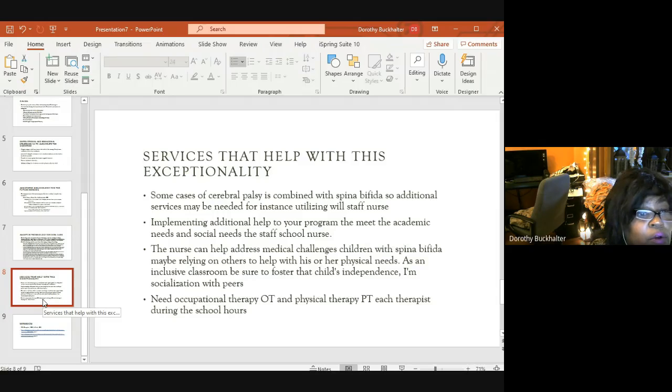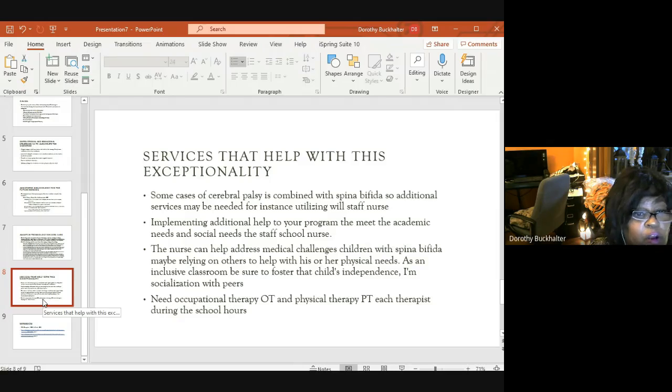The school nurse can help address medical challenges. Children with spina bifida may be relying on others to help them with their physical needs, but you want to have an inclusive classroom to be sure you foster independence and socialization with the peers, because the children learn from the peers.